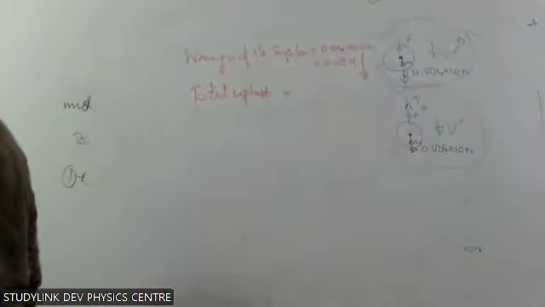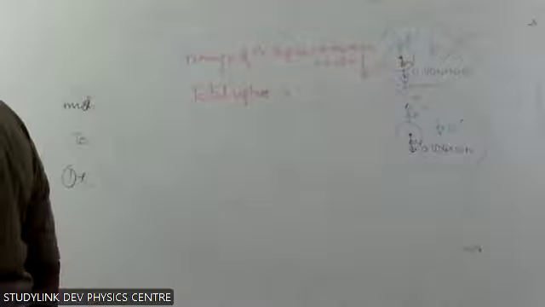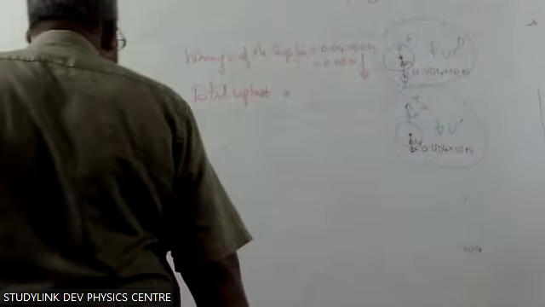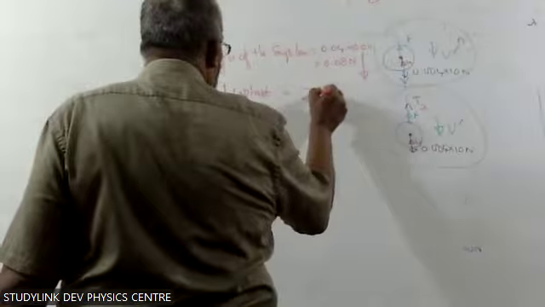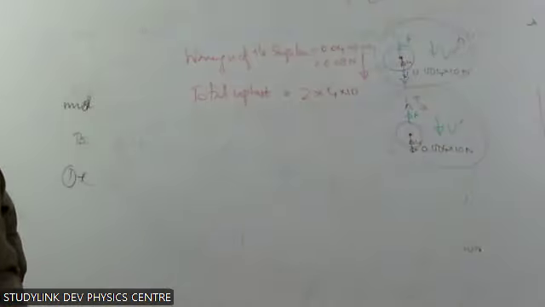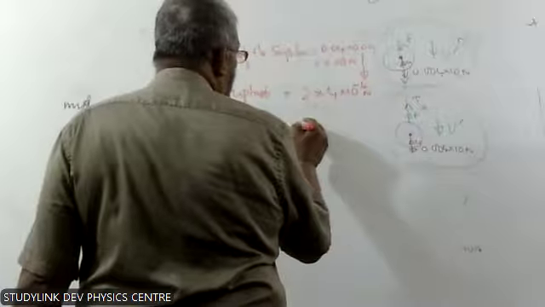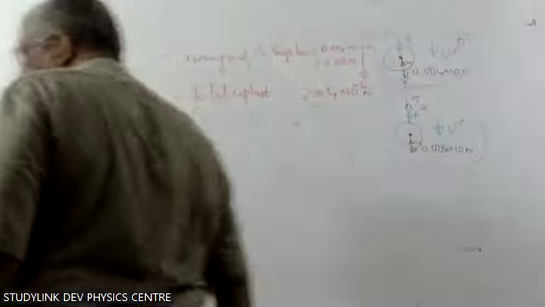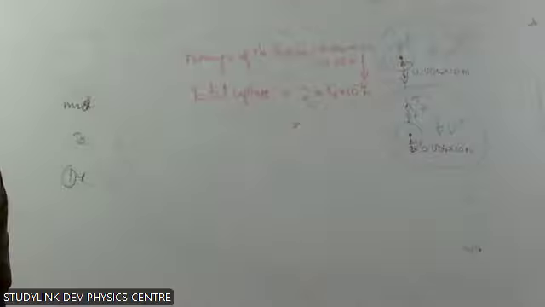Then upthrust is concerned, I think it is 2 into 4 into 10 to the power minus 2. Right? No, minus 6. So here you get a different value.